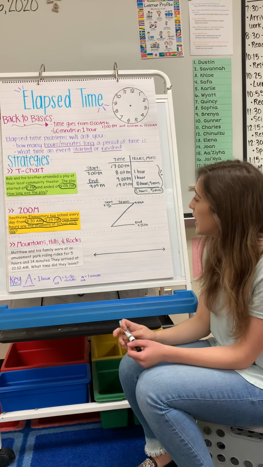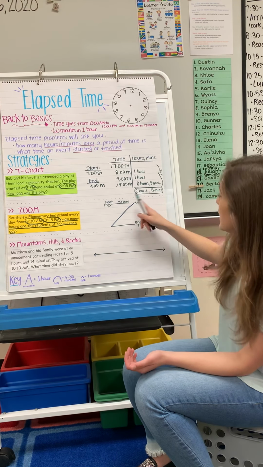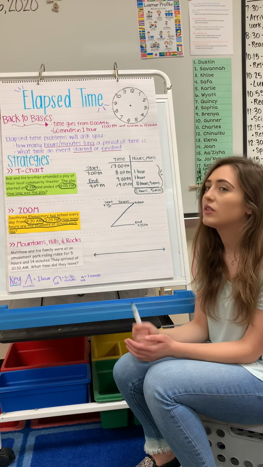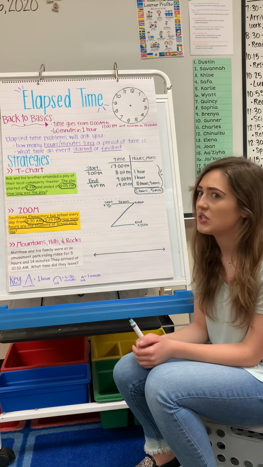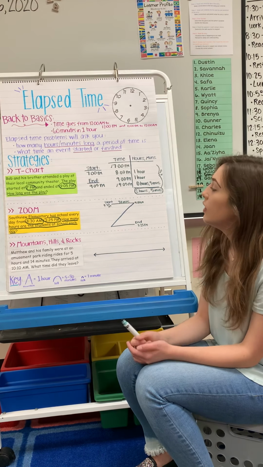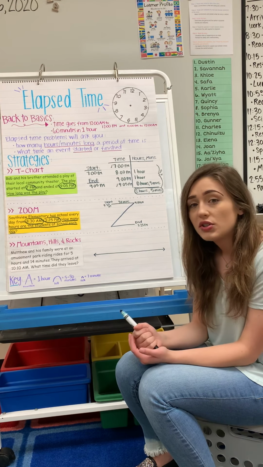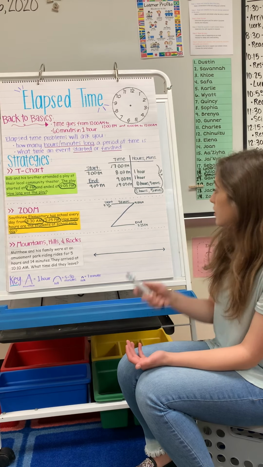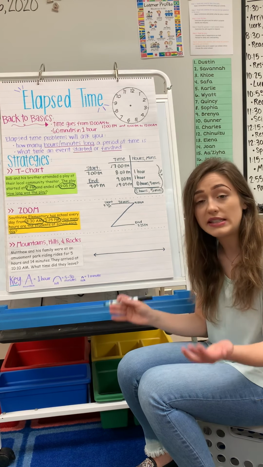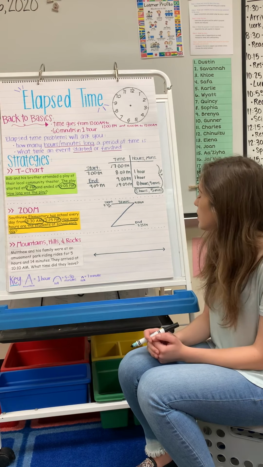So our next step, really this big part of the Z, is going to be your long stretch. So that's probably going to be the greatest amount of hours that you have on your entire drawing. So what we're going to do to make it easier for you, I want you to look. So we're at a very easy time to work with, the top of the hour, 9 o'clock.